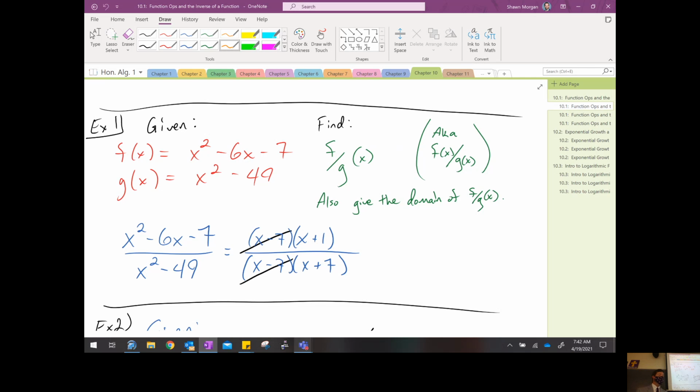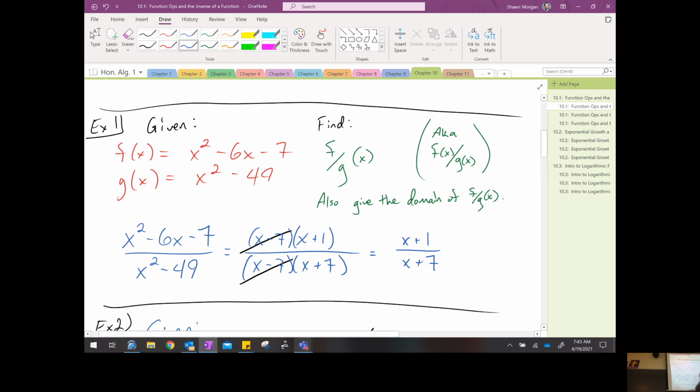Roadblocks. However, now that we have factored the top and the bottom, Grove is perfectly within his rights to cancel a common factor. So that now this becomes x plus 1 over x plus 7. That is the simplified fraction.